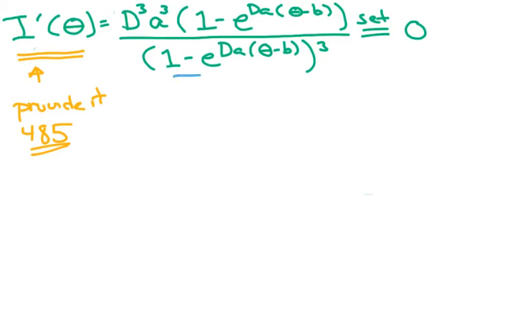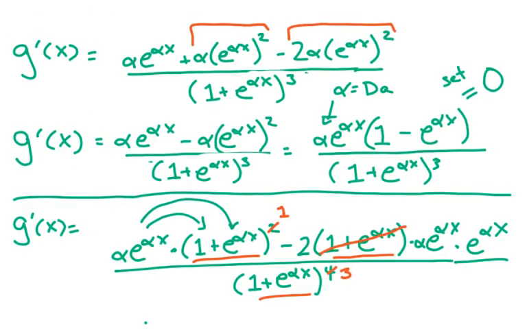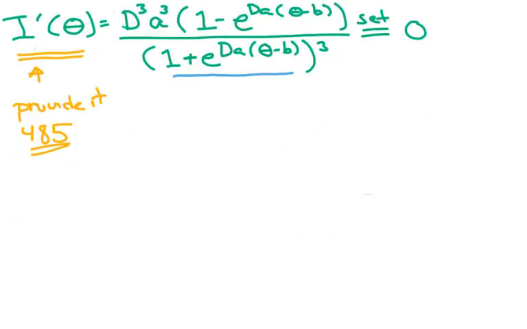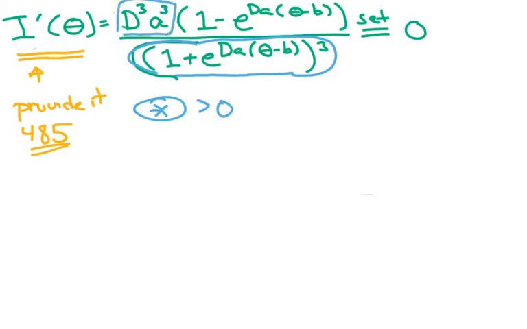Now, this denominator, which actually has a typo in it again, plus, plus, plus. Okay, I just messed it up there. This denominator is what? It's never 0. So this is strictly positive. D cubed A cubed is strictly positive.